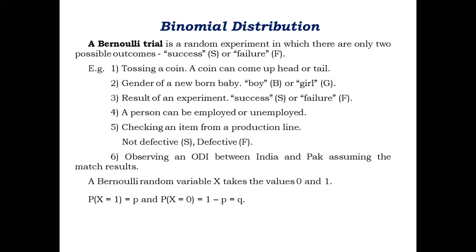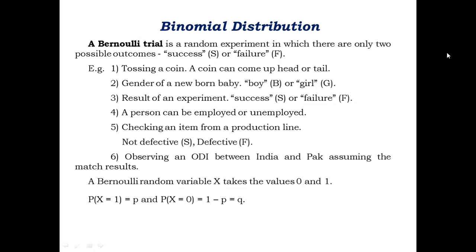There are so many standard distributions in the probability theory: binomial, hypergeometric, Poisson, then negative binomial, geometric. So many distributions are there.